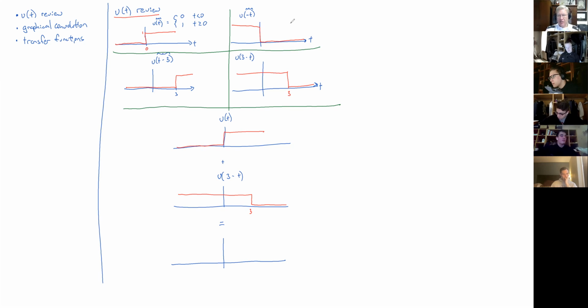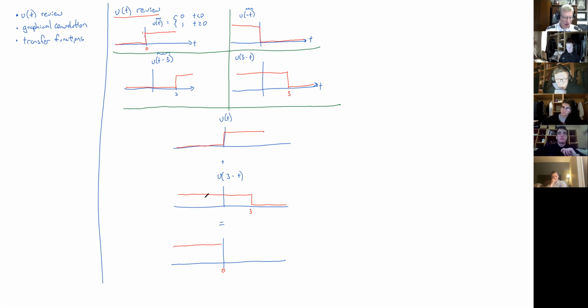My question is that if you've got u of t here, and if you add it to u of 3 minus t, what do you get as a result? It's going to be 1 for time less than 0, and then for time greater than 0, it will be 2. That's right. Since we're adding, not multiplying.